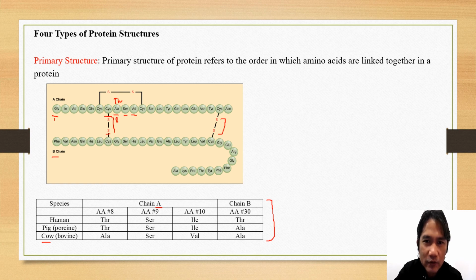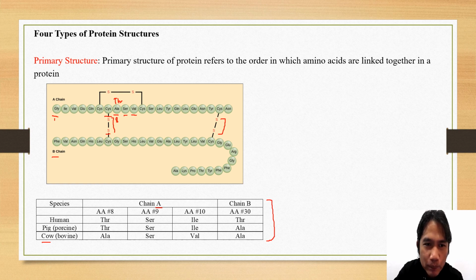So again, this is the primary structure of bovine insulin. Let's go to chain B. The 30th amino acid in human is threonine, but in pig and cow, the 30th amino acid is alanine. Where is that 30th amino acid?